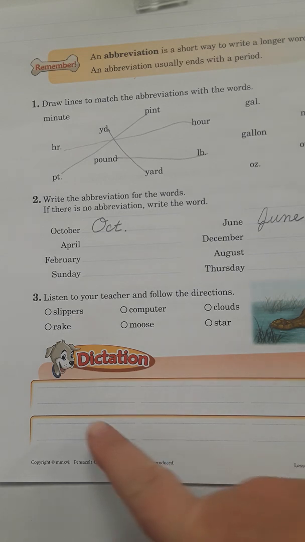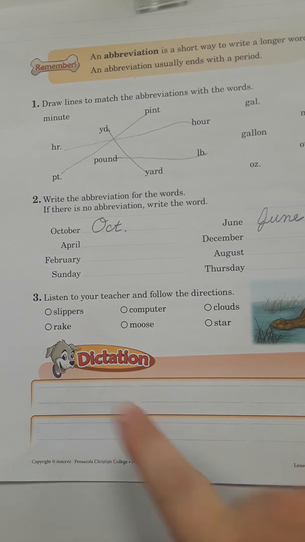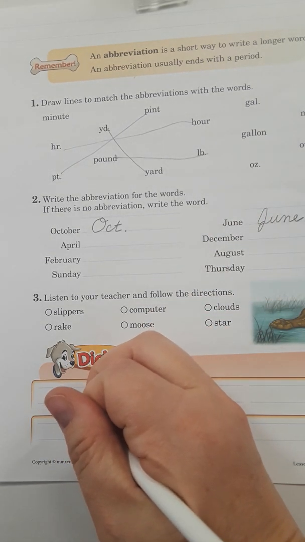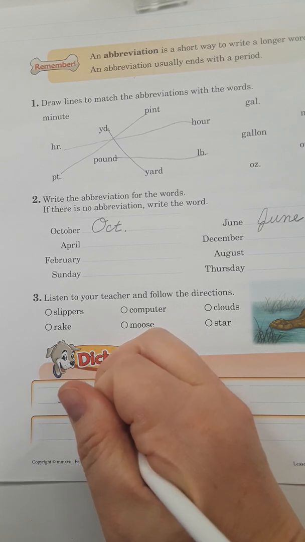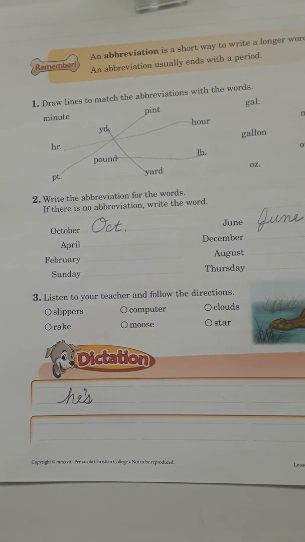Here's what you would write for dictation. Write the contraction for he is. What contraction would you write for he is? You would write he's. Make sure your apostrophe is in the air between the E and the S. He's.